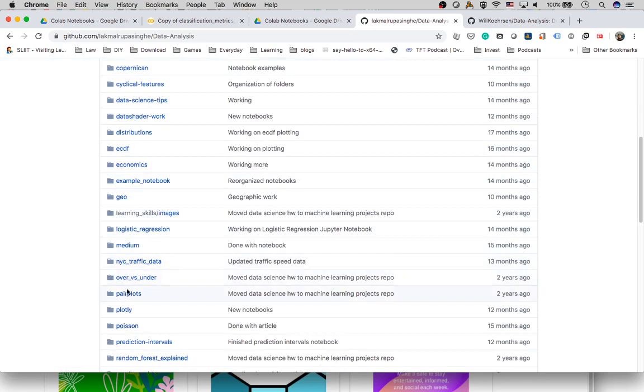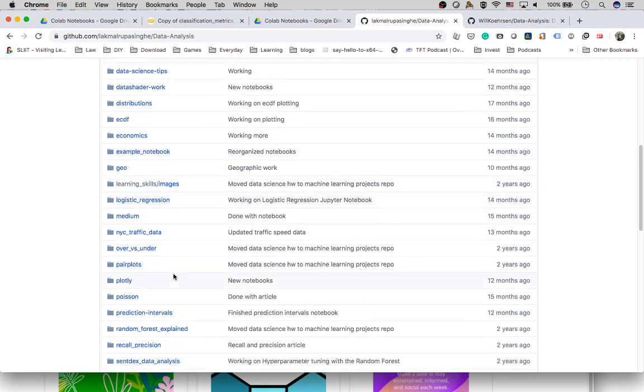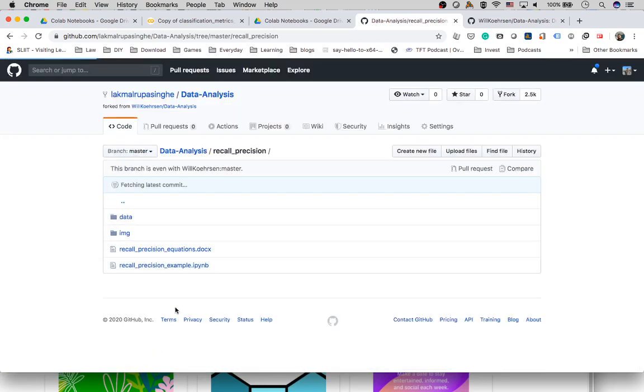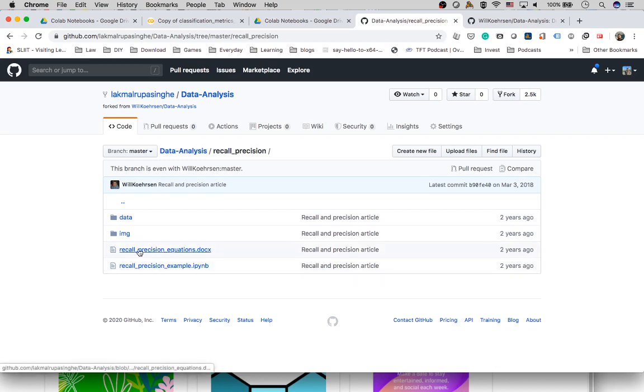If you go here, under precision and recall, in this repo you will find a document and also the notebook, and also there's a data file.